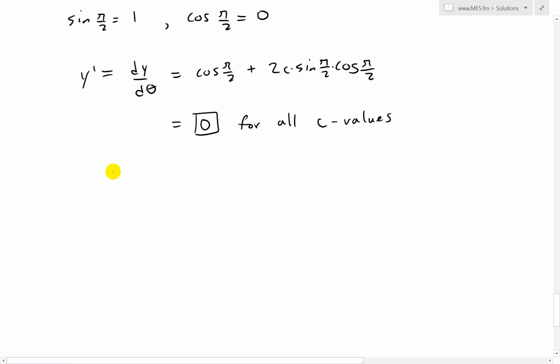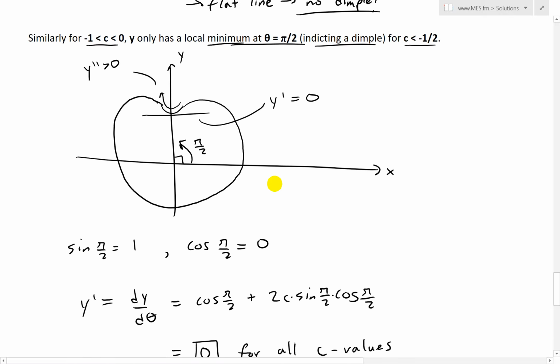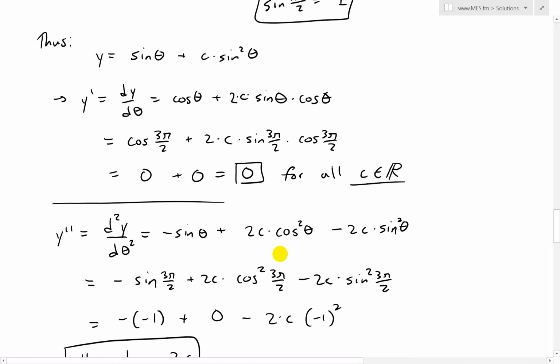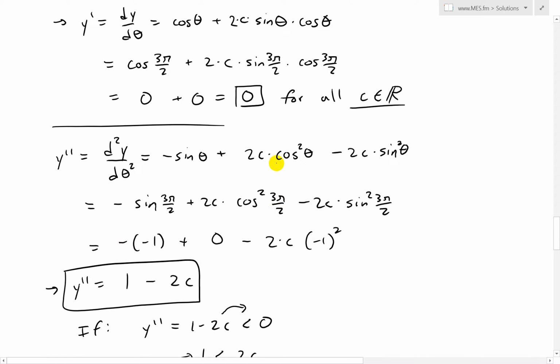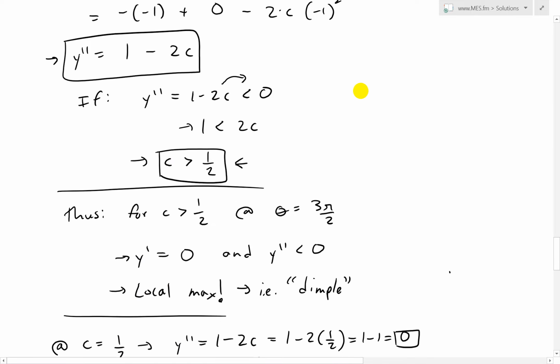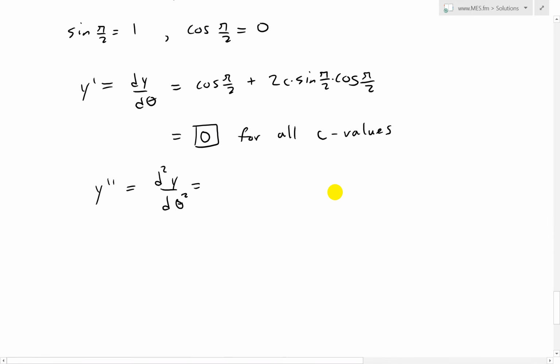So now for y double prime, we have y double prime equals d squared y over d theta squared, in that notation. Now that we have that, let's look at what that one was again: negative sine theta plus 2c cosine squared theta, and now we have a minus 2c sine squared theta.